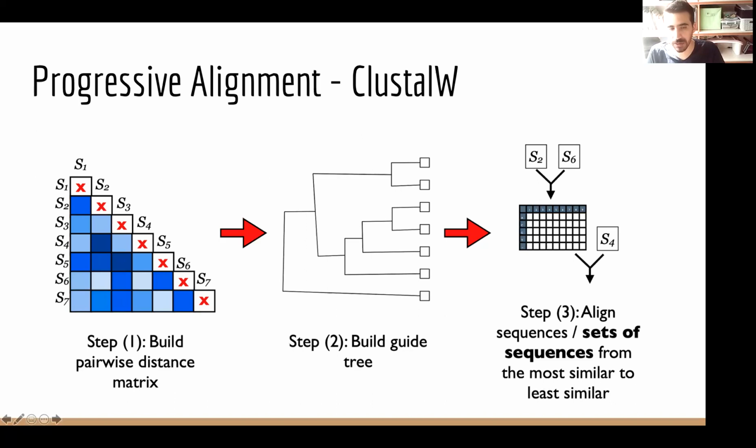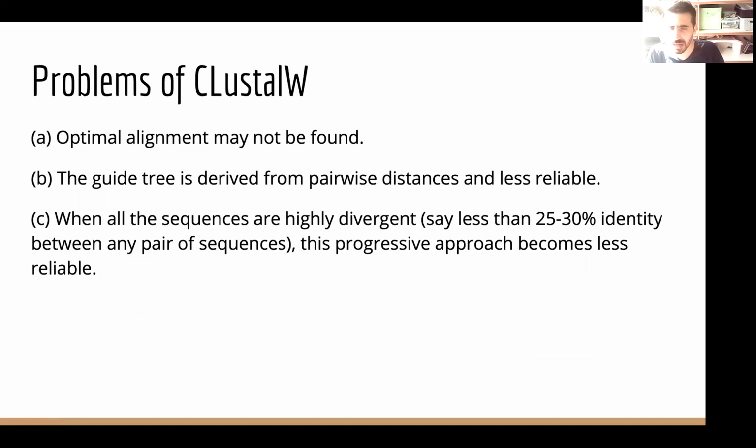First, you have to have this matrix, which is basically a pairwise distance matrix. However, this is not based on any sort of complex algorithm. It's probably k-mer based method. Also, for highly divergent sequences, ClustalW doesn't work well.